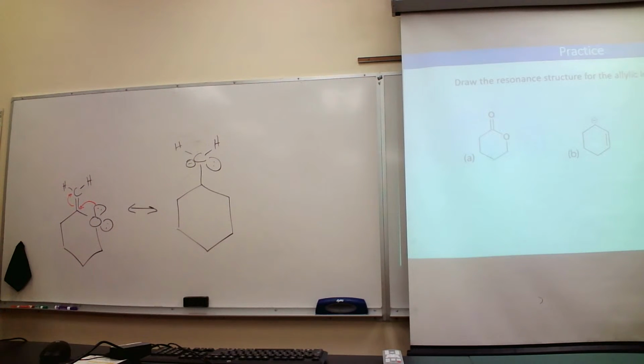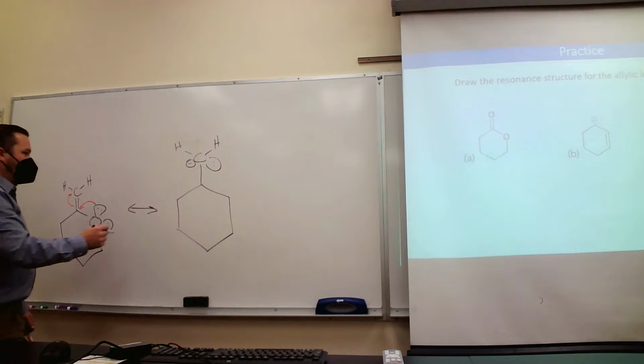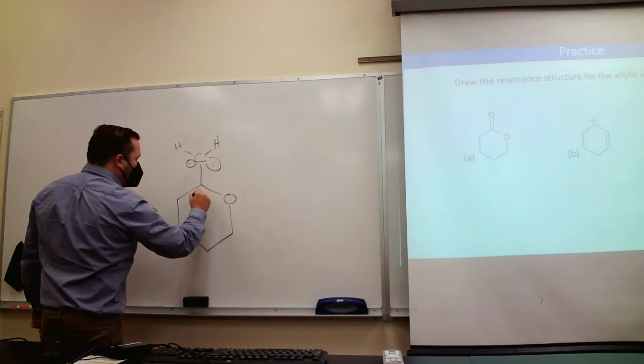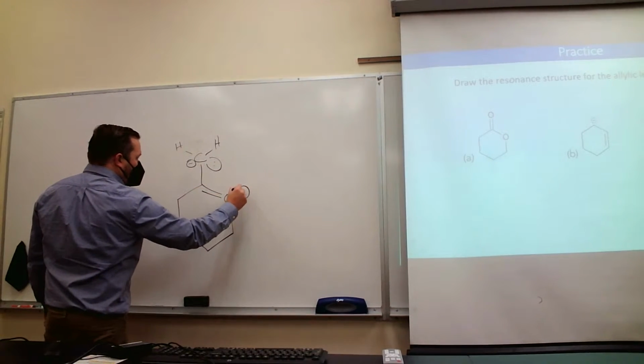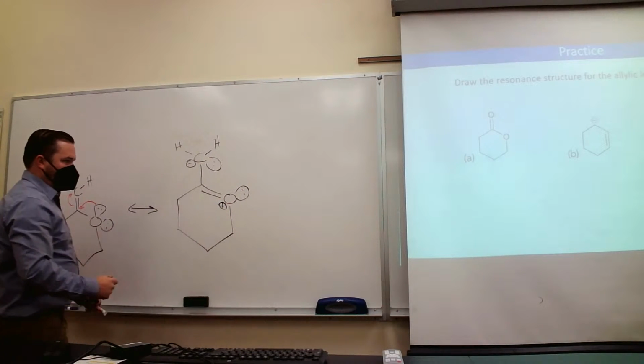And now all of a sudden we've got a carbon with a negative charge in a lone pair, an oxygen with 1 lone pair, which gives it a positive charge.